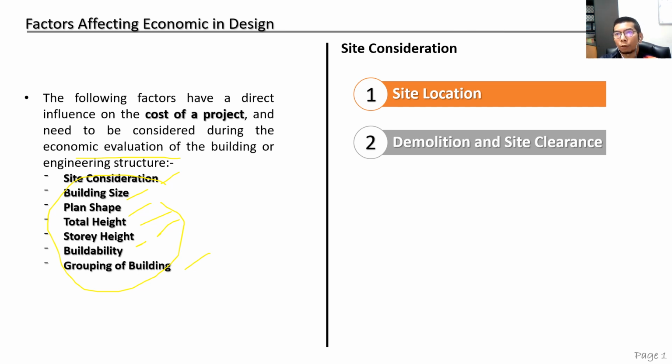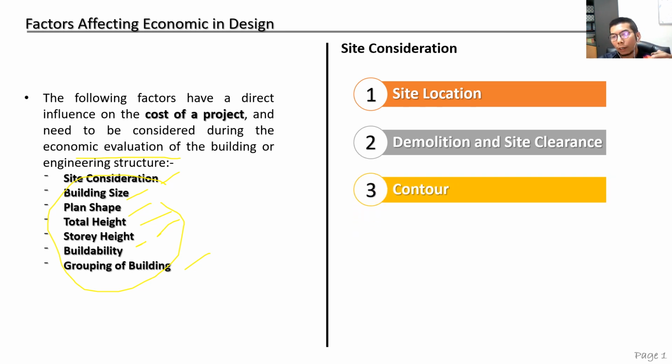For example, you need to demolish some buildings in order to start your new project. Of course, the cost of demolition will impact the cost of the project. Site clearance: maybe you are involved in a forested area, kawasan yang berhutan, banyak pokok yang kena tebang dan sebagainya. So that also plays a part when you want to design something.